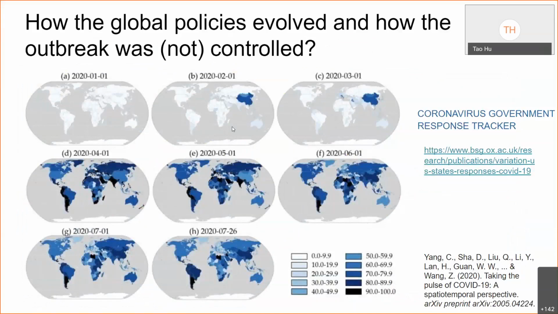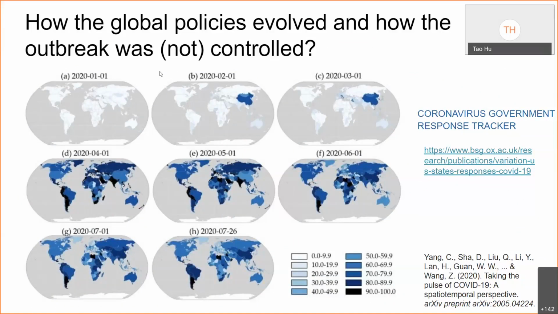The second question is how the global policies evolved and how the outbreak was controlled or not controlled. These policies are quantified by the stringency index estimated by Oxford University. This index covers detailed indicators, including school closures, workplace closing, public events, stay-at-home requirements, economic response, and health response.